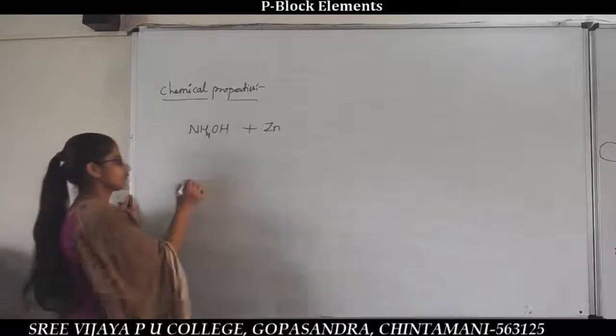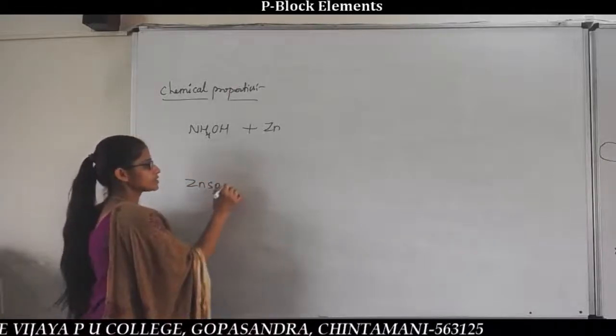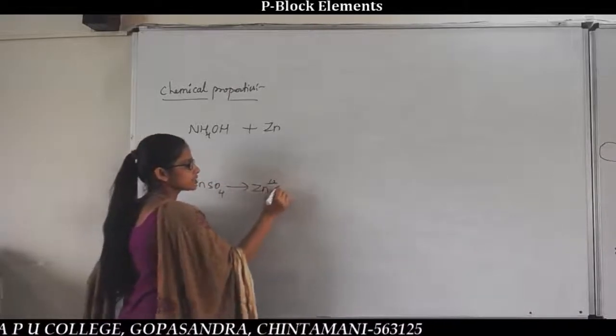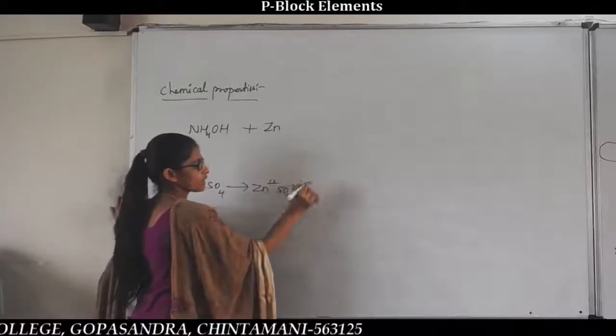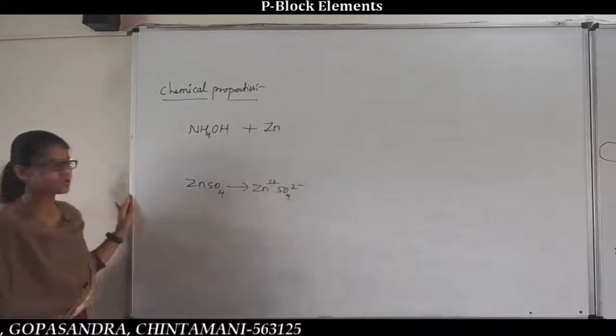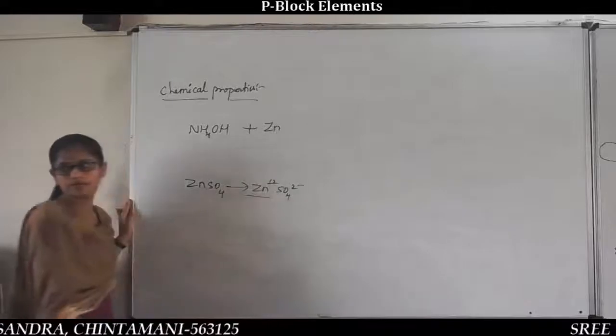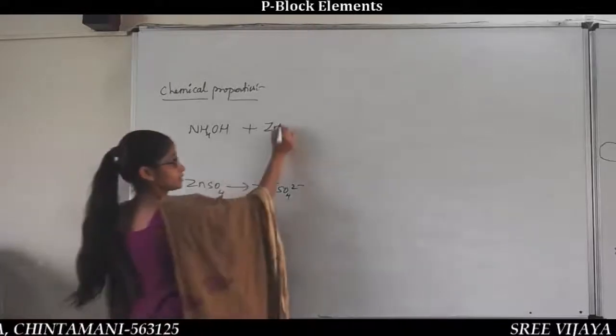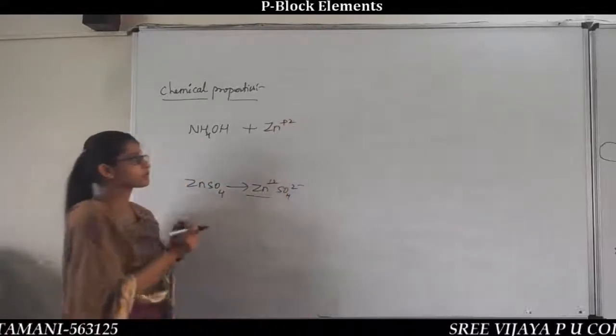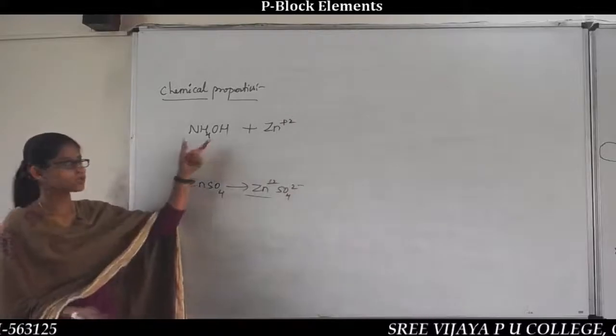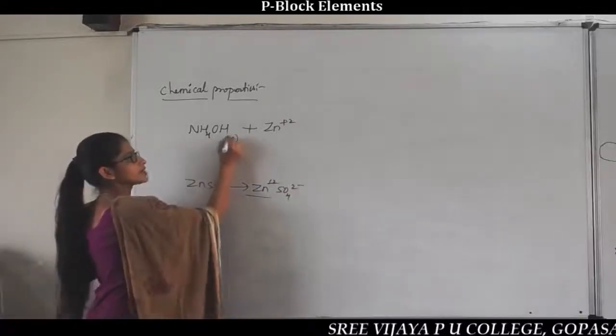It reacts with the salt of metal. One example is zinc sulfate. Zinc sulfate dissolved in water gives us Zn2+ ion and SO4 2- ions, ಹೌದಲ್ವಾ? ಸೊ ನಾವು ಬೇಕಾಗಿರೋದು ಇಲ್ಲಿ ಜಿಂಕ್. See, it reacts with zinc ions. Ammonium hydroxide is called aqueous ammonia.